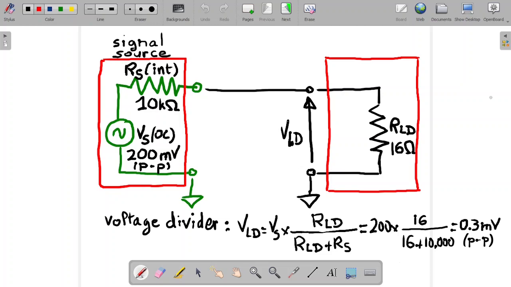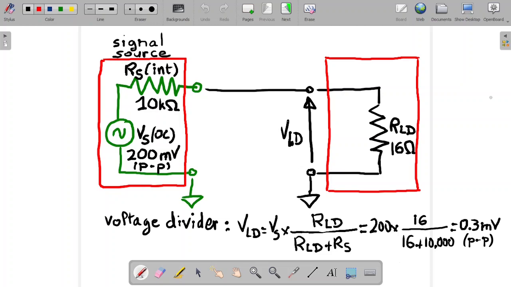So if you use the voltage divider rule, the V load is equal to Vs times RLD divided by RLD plus RS. So in this particular case, it's going to give you a voltage V load equal 0.3 millivolt peak to peak, which is not going to be able to drive a loudspeaker for sure.